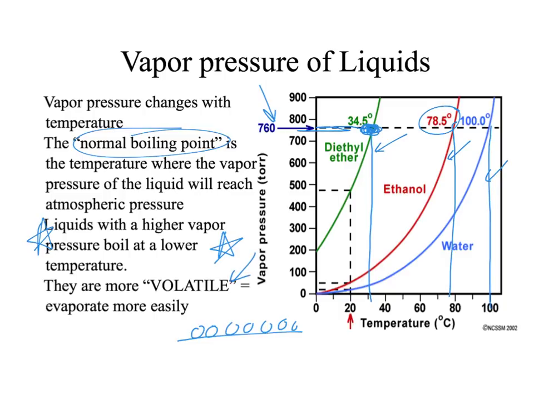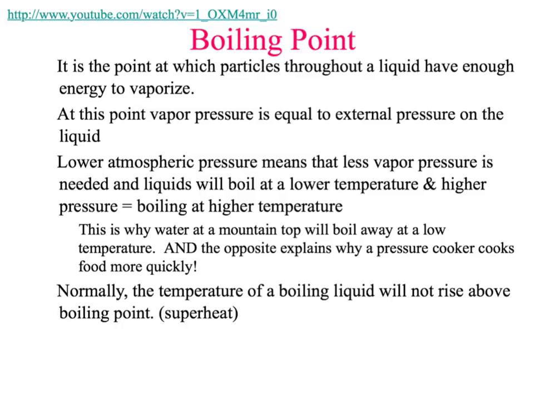Liquids with a high vapor pressure are called volatile. The boiling point of a substance is the point at which the particles throughout the liquid have enough energy to vaporize. At this point, the vapor pressure has equaled the outside pressure, the atmospheric pressure, and the liquid boils.